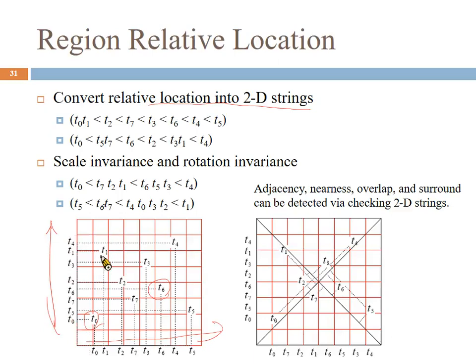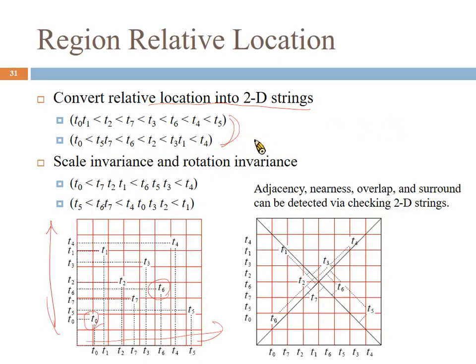So we can know how these 7 regions are located on the image plane. And then we can compare these two strings with other strings we extract from the database image. Okay, so we can compare like that.